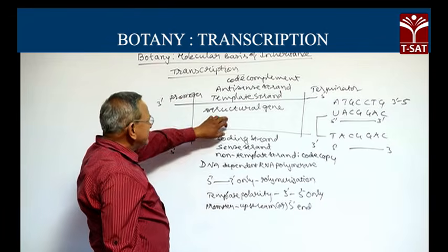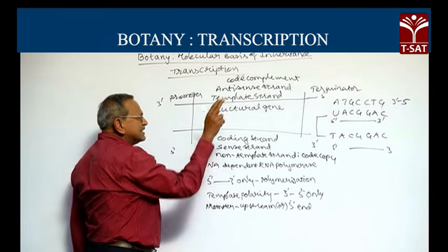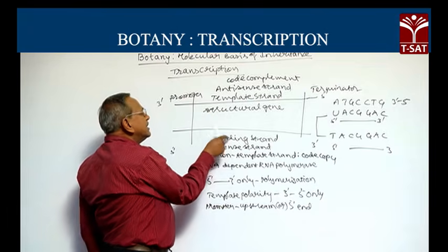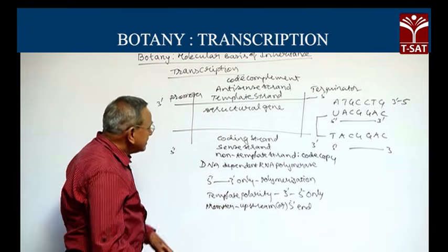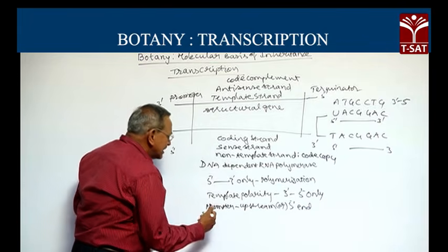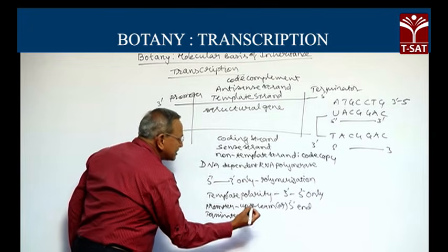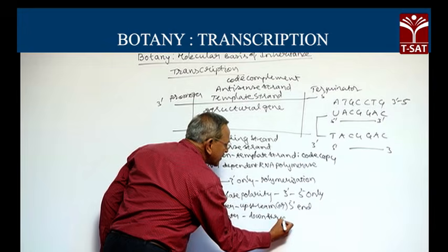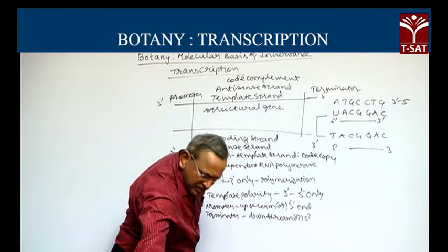So initially it was explained like this, and those who followed understood. That is the reason it became a convention to call the non-template strand the coding strand. And what is the location of the terminator, where the process of transcription will end? This is downstream, or at the 3' end.